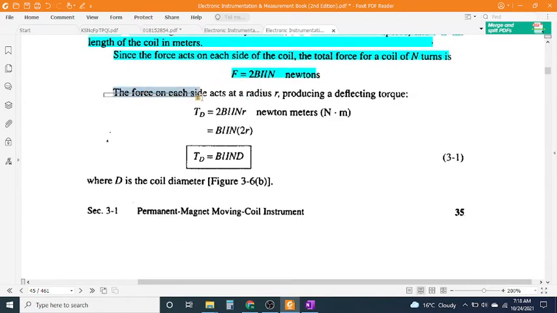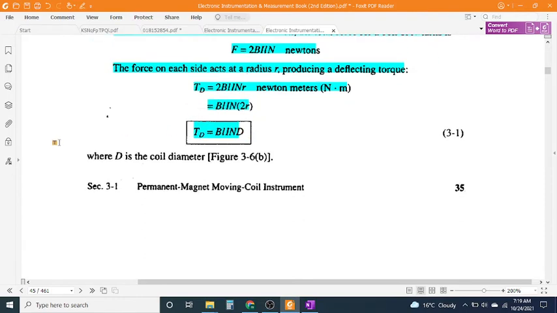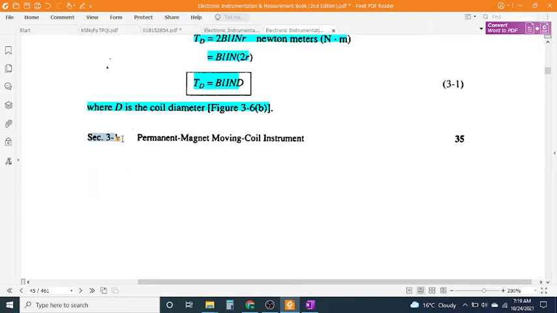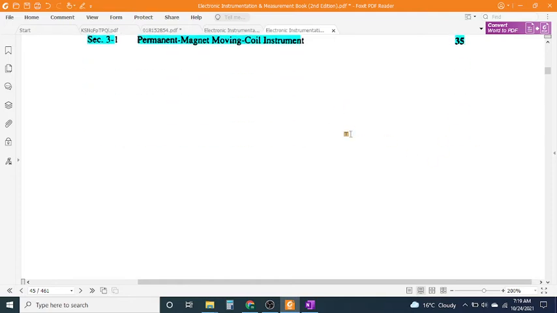The force on each side acts at a radius r, producing a deflecting torque. T_D equals 2BIlNr newton meters, N-m, which equals BIlN times 2r. T_D equals BIlNd, equation 3-1, where d is the coil diameter. Figure 3-6B.